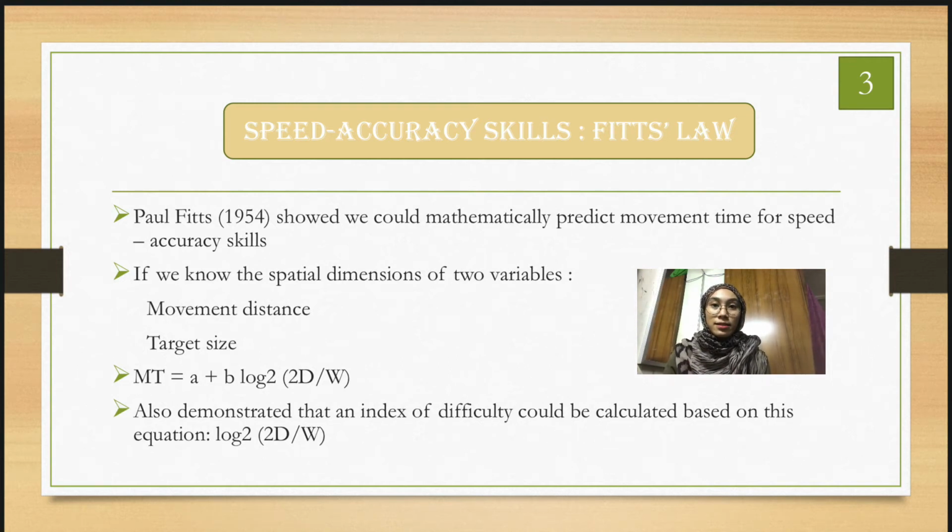Movement time equals A plus B log 2 bracket 2D slash W bracket. He also demonstrated that an index of difficulty could be calculated based on this equation: log 2 bracket 2D slash W bracket.